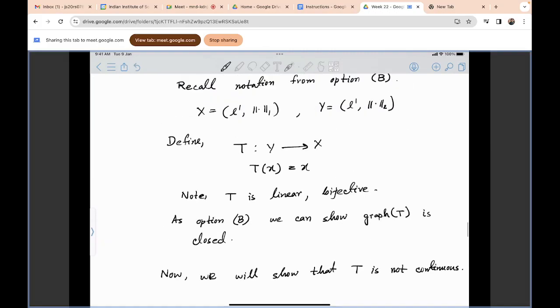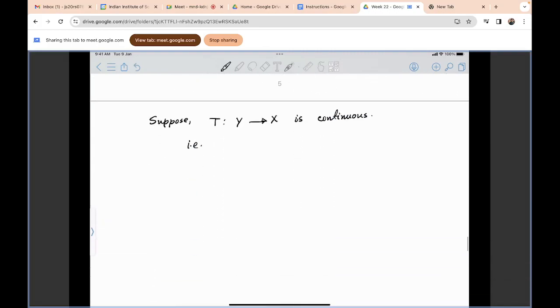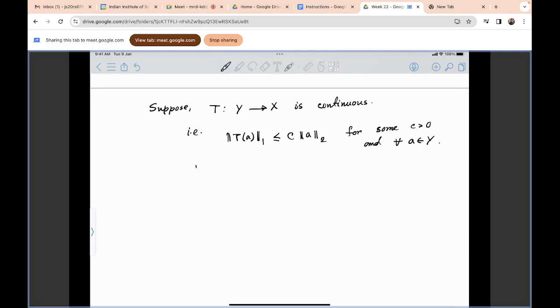Because Y is with respect to the L2 norm now, T of a, which is in X, has its L1 norm less than C times the L2 norm of a, for some positive C and for all a in Y. Because T is the identity, T of a is a, so the L1 norm of a is less than C times the L2 norm of a.